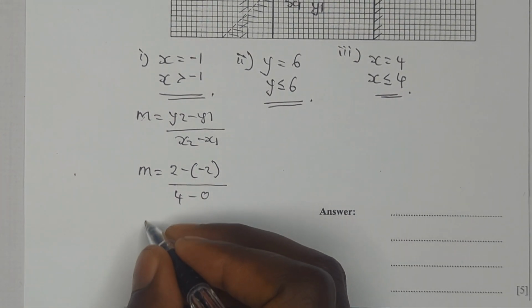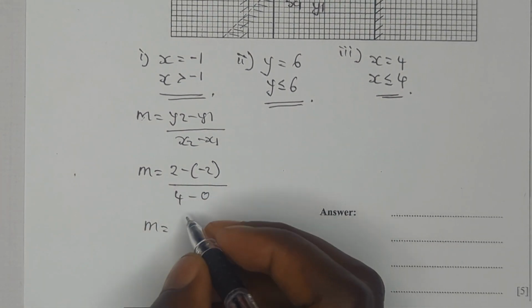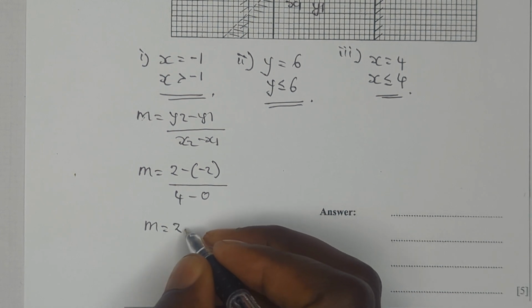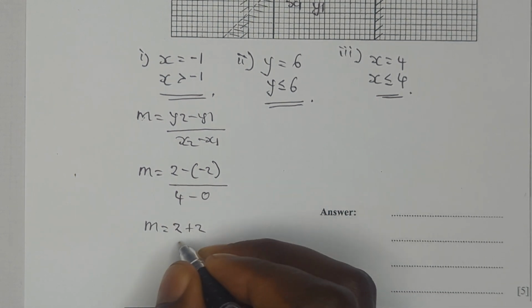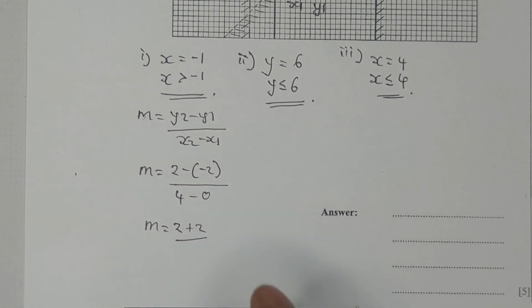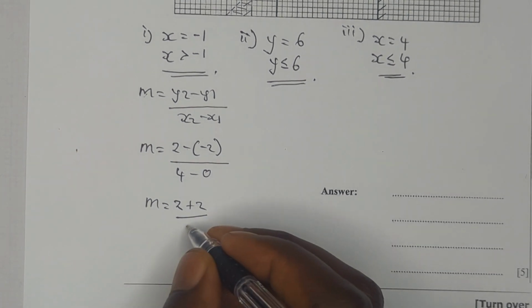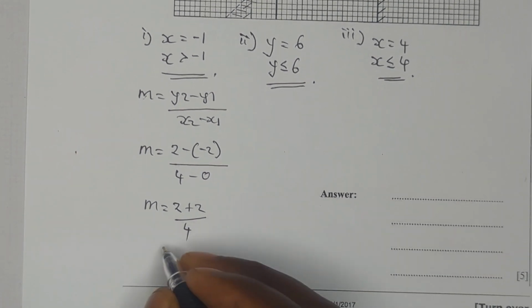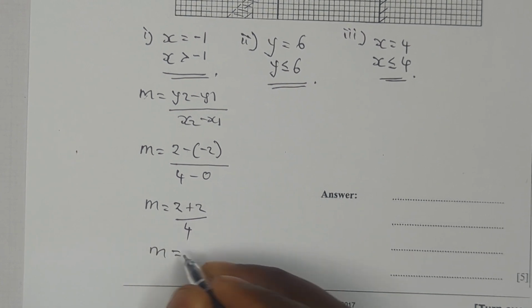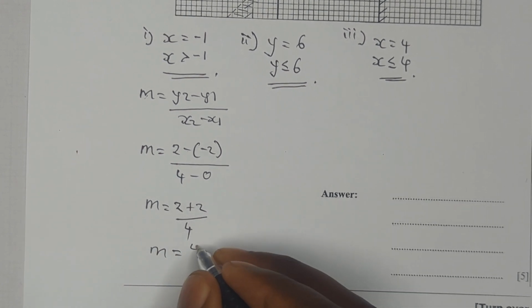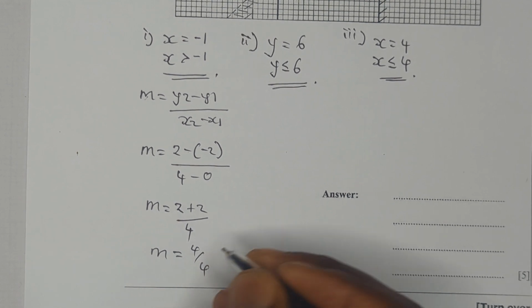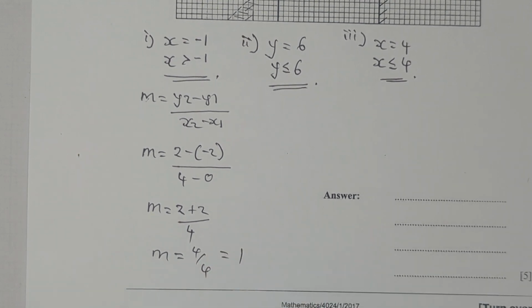So this becomes M is equal to 2, negative and negative, this will be a positive, over 4 minus 0, that is 4. M therefore becomes 2 plus 2, that will be 4. So this will be 4 over 4. 4 divided by 4, that is 1.